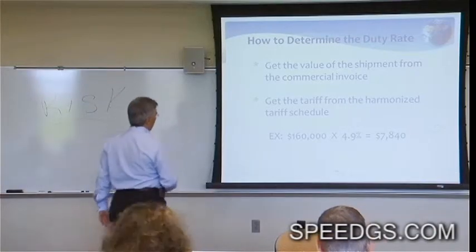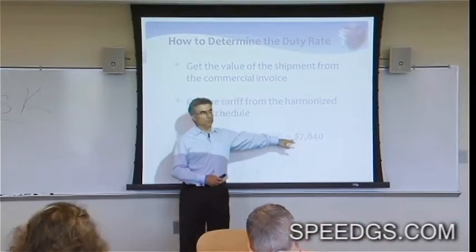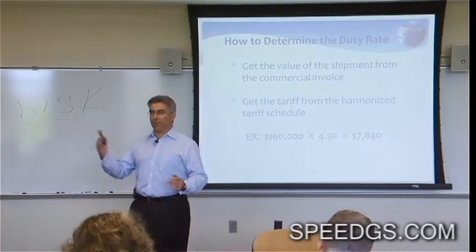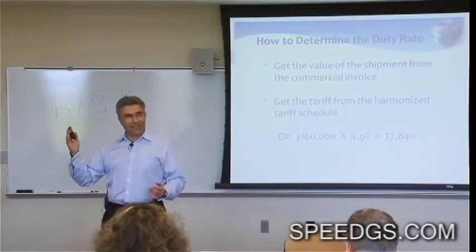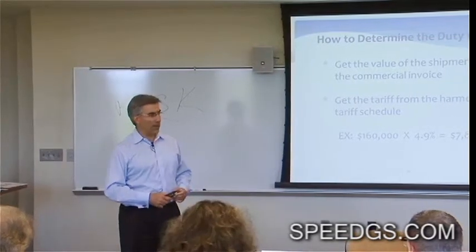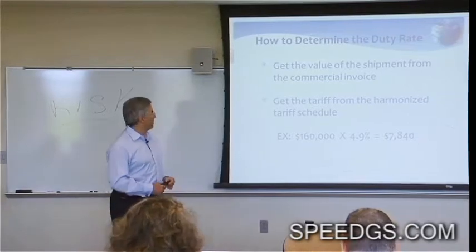That's how they determine your duty rate, okay? And I want to talk a little bit about tariff and duty. They are two separate terms. And now that I've introduced all this to you, I'm going to be able to break it out.